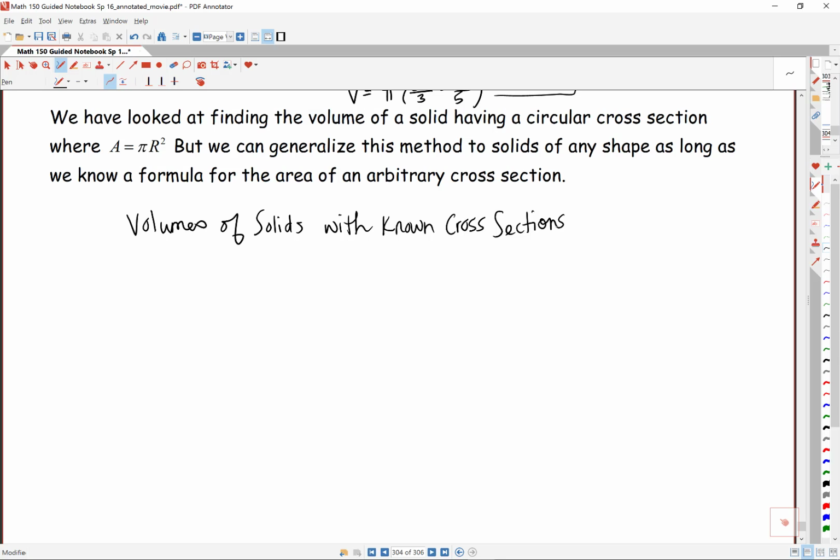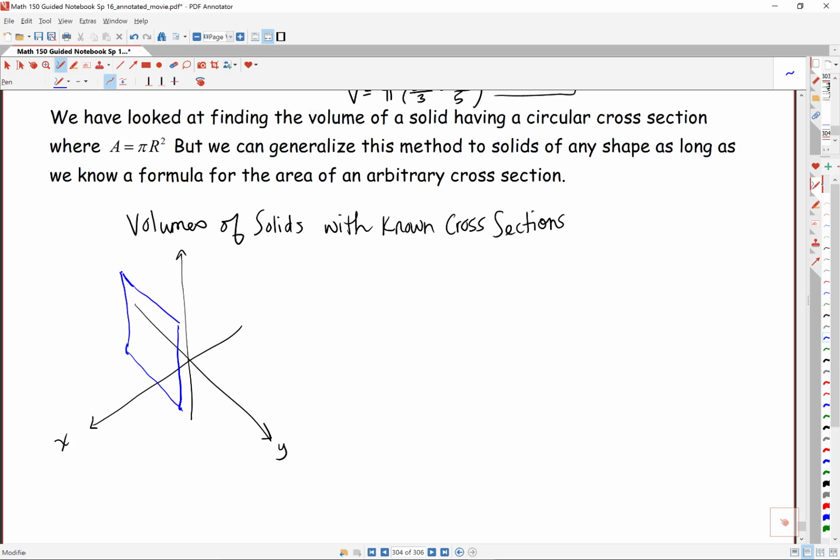So if you think about, try to make a good visual for you, but if you think about this being x, and this being y, and you've got z up here, right? And suppose you had a visual where all your cross sections were perpendicular to the x-axis.